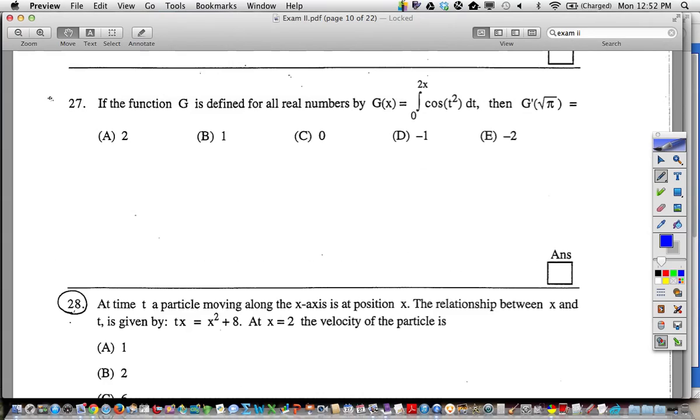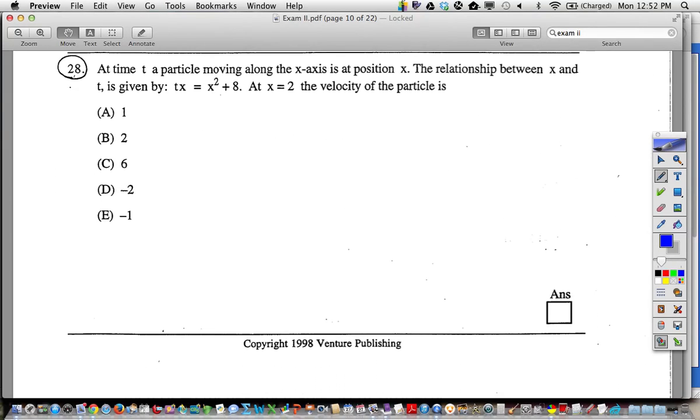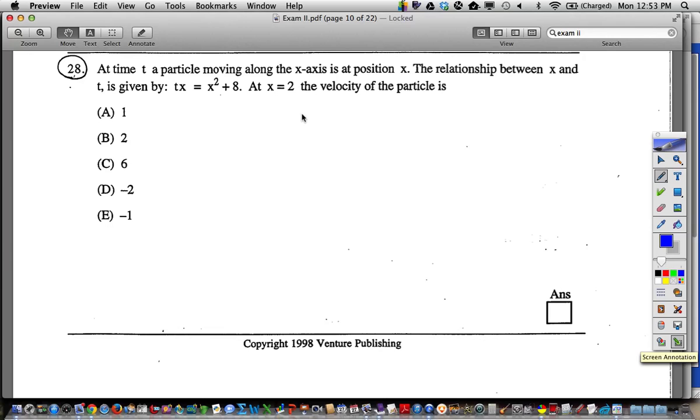This is a little different twist on the particle one. Maybe I won't go through the whole thing with you, but I'll get you partway through it.